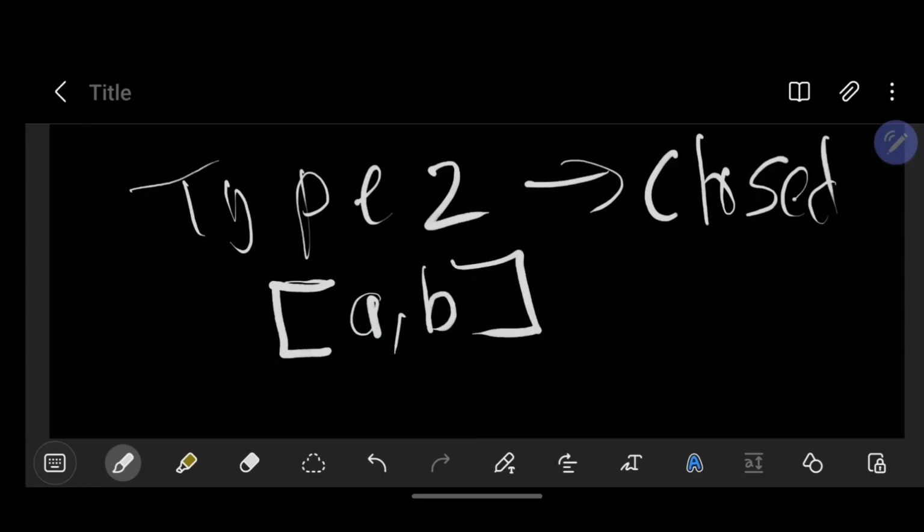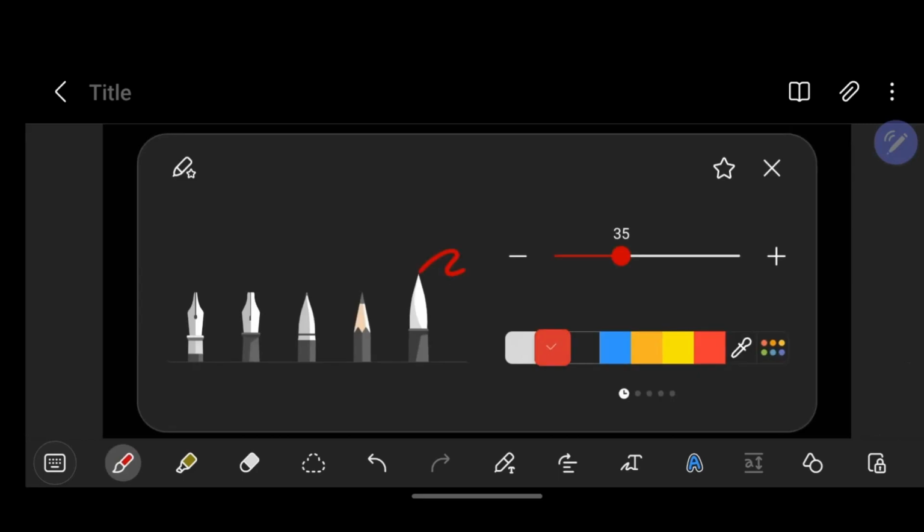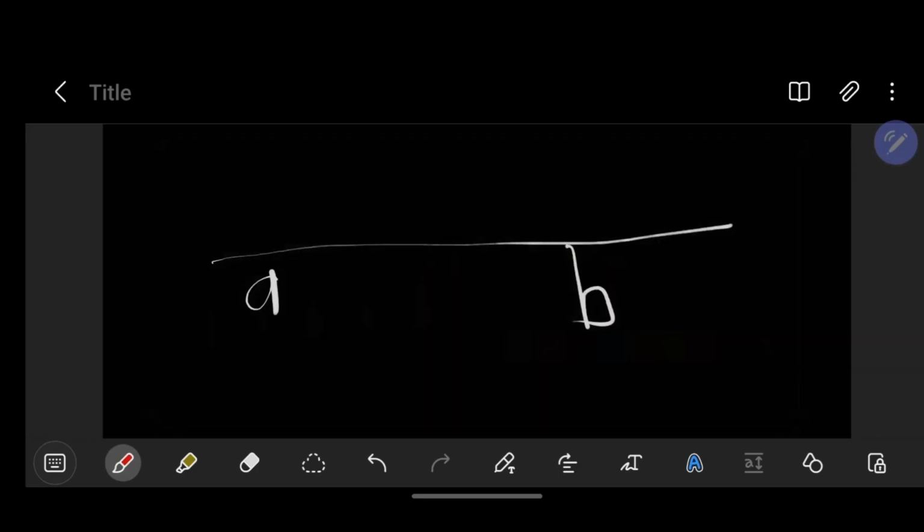If we are to write this on the number line, we will show point A, point B. And now because we have our square brackets, we are going to include A and B. So you have two solid circles at point A and at point B. Quite simple, right? Round brackets for open and square brackets for closed.